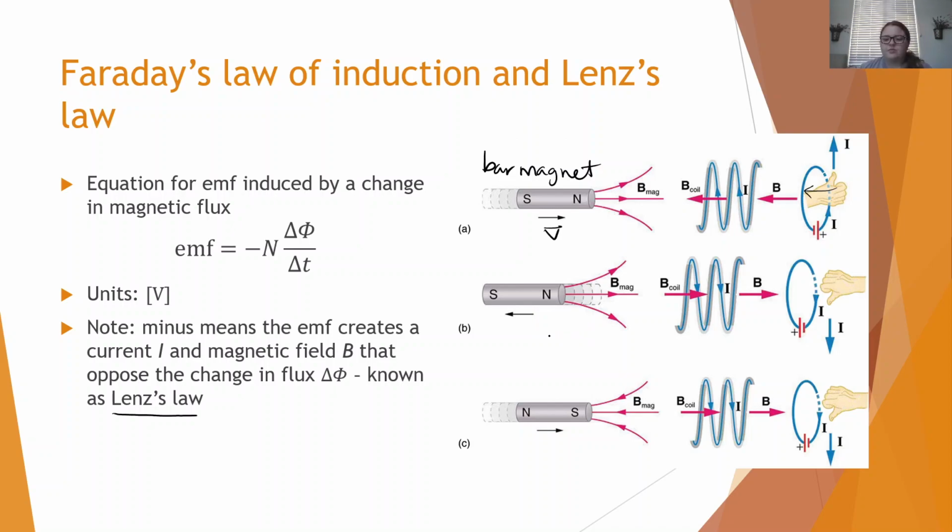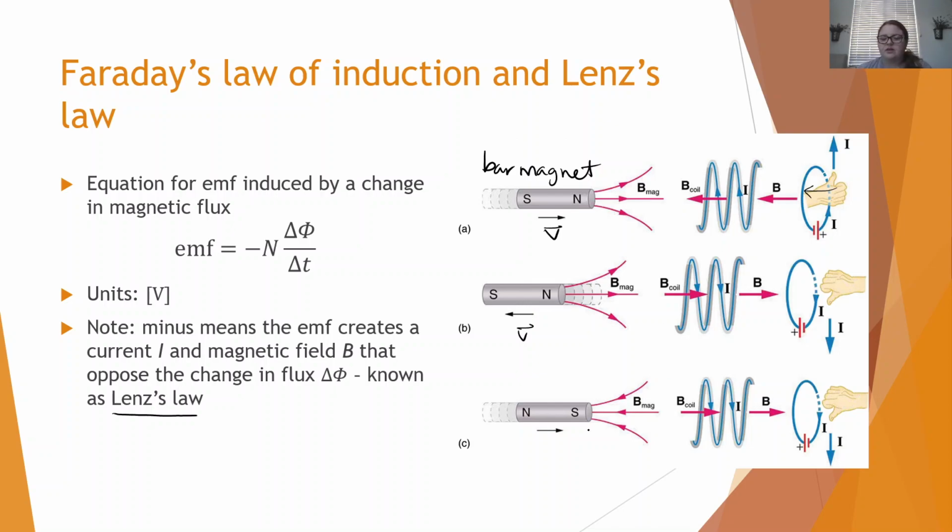Then we have this one where the bar magnet is moving in this direction, away from the coil. We'll have a magnetic field of the coil now and the induced current as so. These are some of the rules that we saw before.